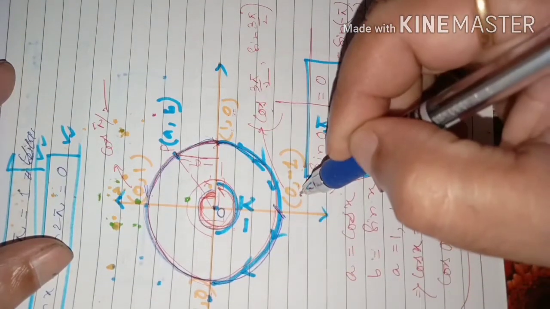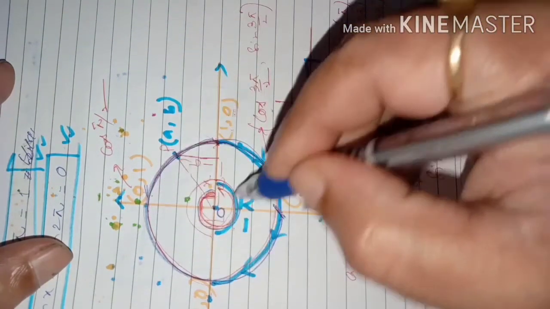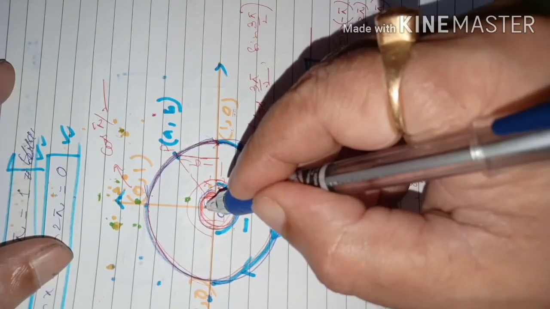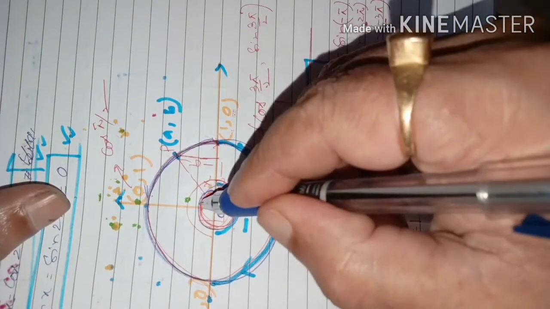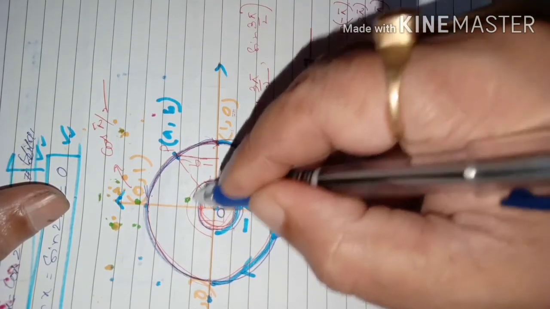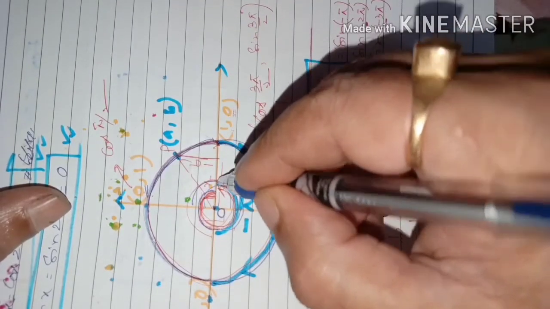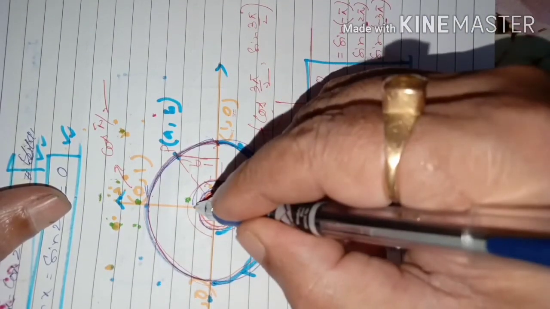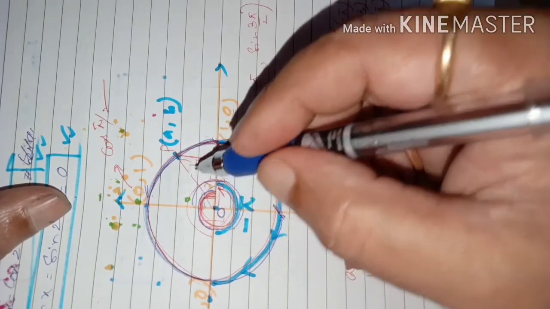For that again 0. If the arc is extended again up to this level, one more pi is added, so it goes pi/2, pi/2, pi/2, pi/2. Moving from this line to this line is a pi/2 angle. You understand now, students, what I am saying?